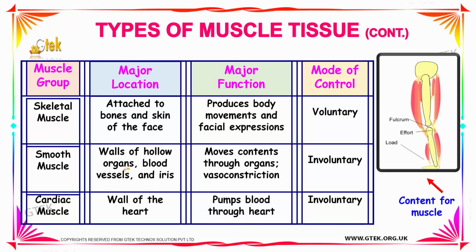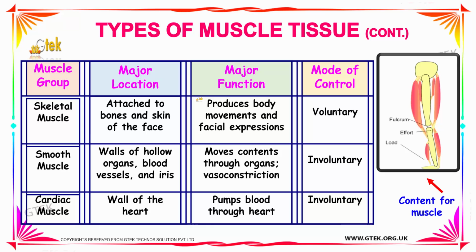The muscles that you find in the walls of hollow organs and blood vessels and the iris in an eye are the example for smooth muscle. The muscles that you can find in the wall of the heart are the cardiac muscle.